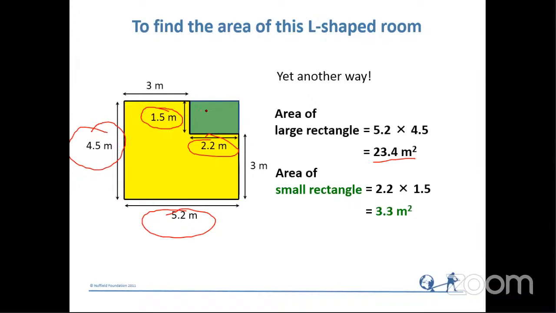Since this rectangle is not part of our original arrow-shaped room, we get the area of the bigger rectangle and then subtract the area of the smaller rectangle. The total area would be 23.4 minus 3.3, and still that would give us 20.1 meters squared.